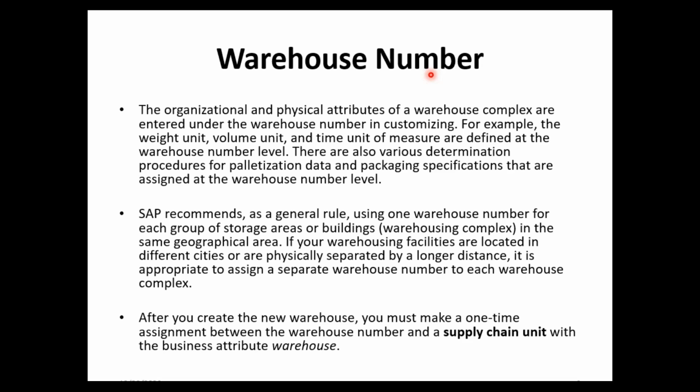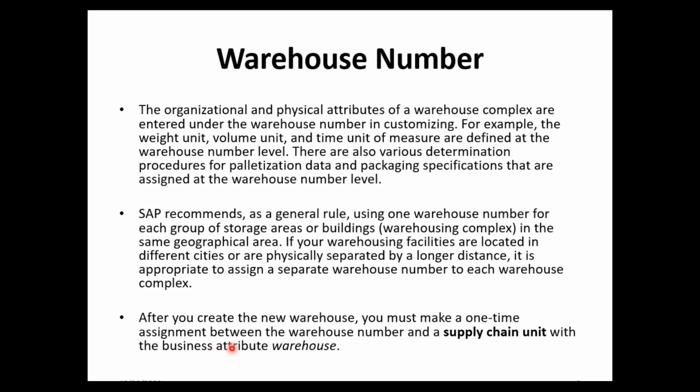So in continuation of the same discussion, a supply chain unit is created when we transfer the plant. For that plant, a supply chain unit is created automatically in the system, and that supply chain unit has the business attribute PLOC, planning location.